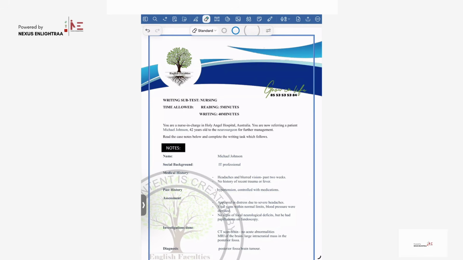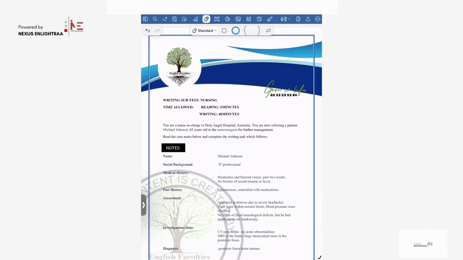Then let's go for assessment. What is the assessment? He appeared in distress due to severe headaches. Okay, so multiple times he had headaches. So he appeared in distress due to severe headaches, vital signs within normal limits, but blood pressure was elevated. He had papilledema on fundoscopy.